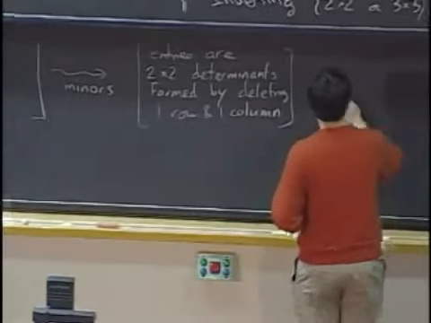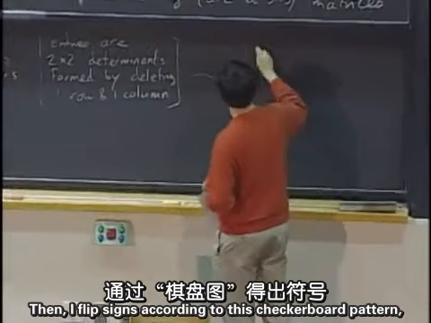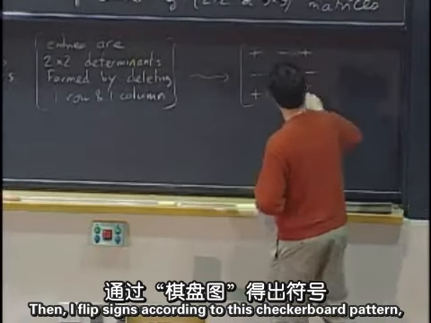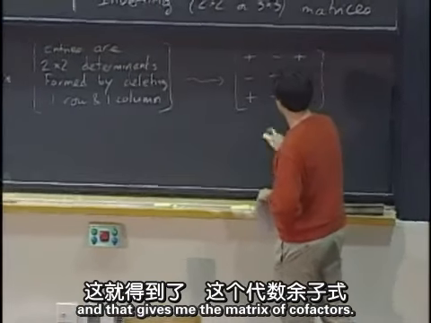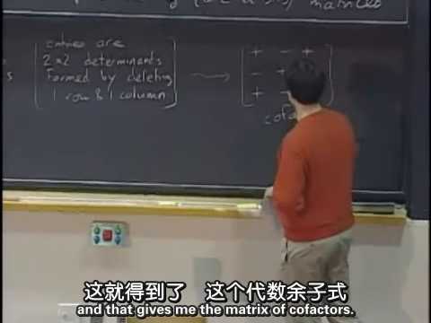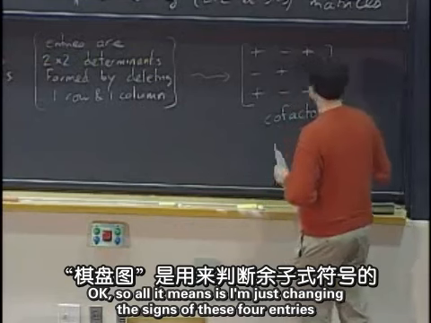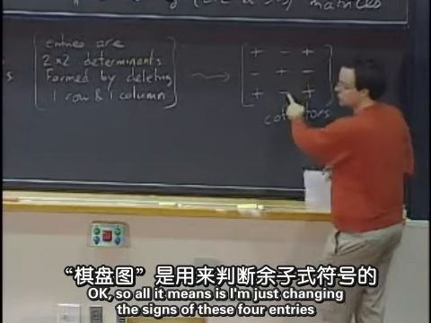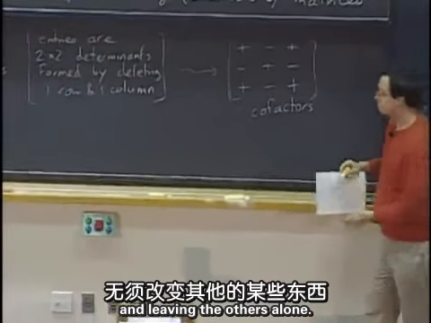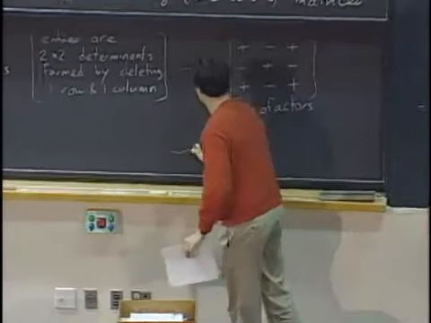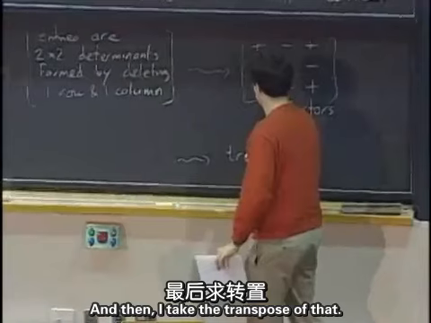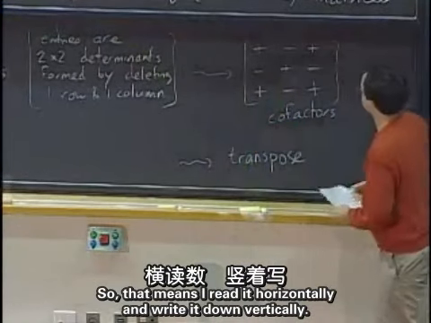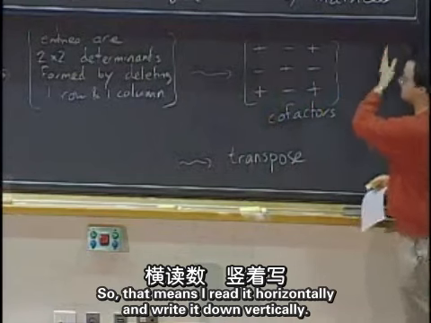Then I flip signs according to this checkerboard pattern, and that gives me the matrix of cofactors. Okay, so all it means is I'm just changing the signs of these 4 entries and leaving the others alone. And then I take the transpose of that. So that means I read it horizontally and write it down vertically.